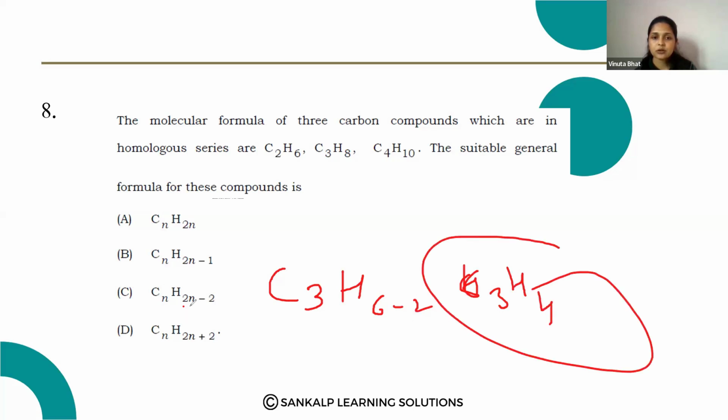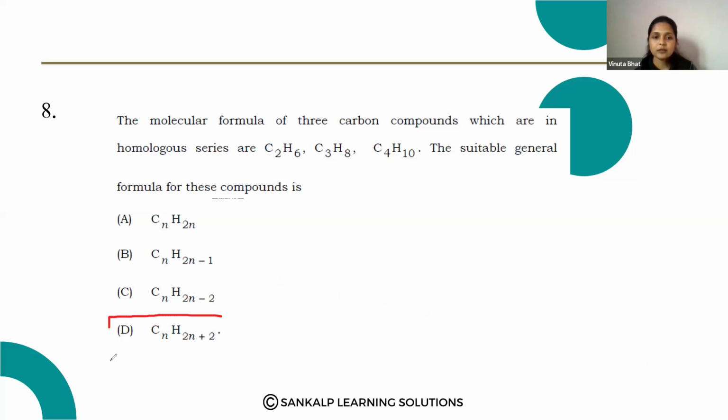So that is also wrong. The correct answer is CnH2n plus 2, option D. So all three homologous series are suitable for the general formula CnH2n plus 2. Option D is the correct answer.